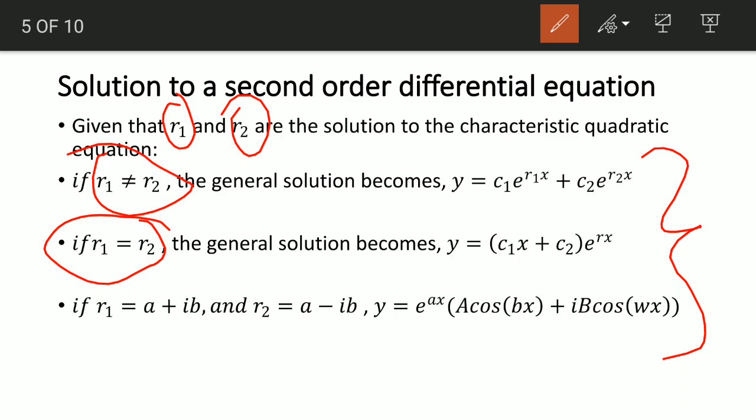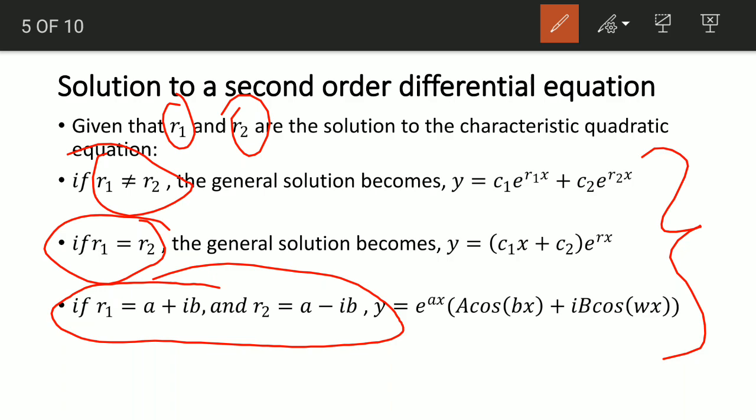Then if R1 is equal to A plus iB, and R2 is A minus iB, that's a complex root. Now the first one there is real and distinct roots. The second one is talking about equal roots, but the third one is talking about complex roots.